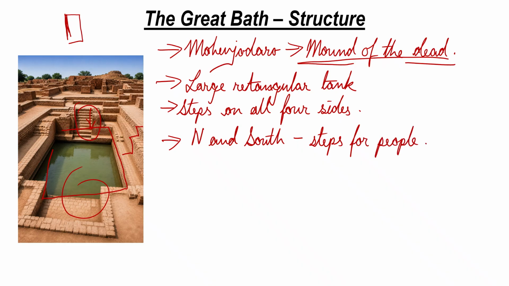So on all four sides we have steps, but the northern and southern steps are for the humans to get down in the pool. And there has been a huge amount of technological innovation seen in the Great Bath because it was watertight.